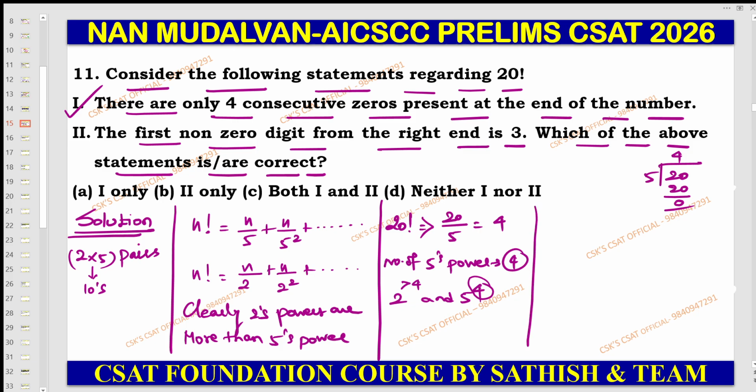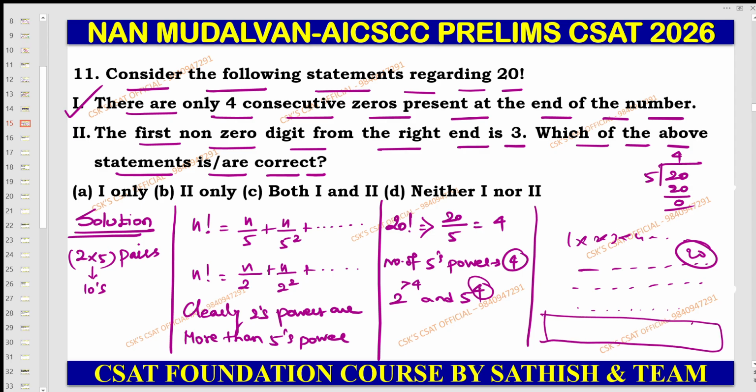Now understand the first non-zero digit from the right end. Suppose you are expanding this expression in 20 factorial, multiplying 1 into 2 into 3 into 4 into, etc., up to 20. You will get some product, and you will get the resultant here.